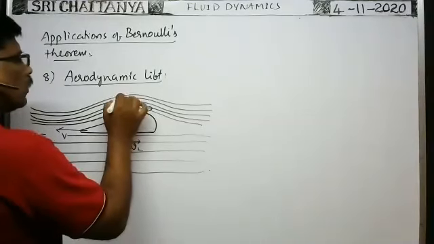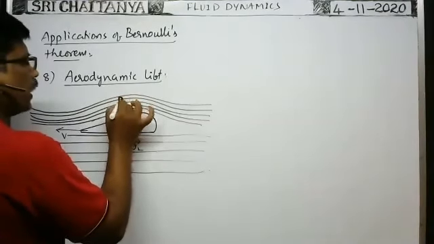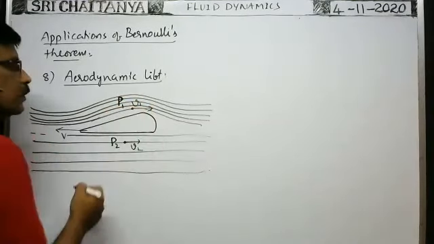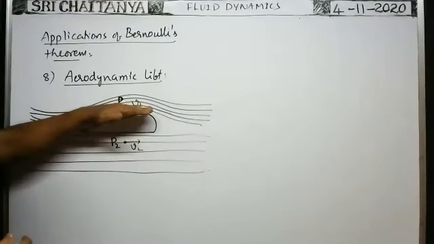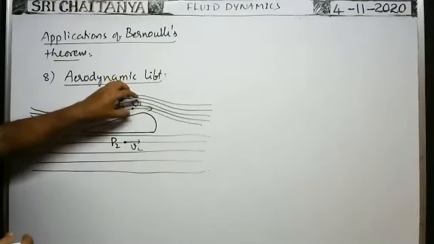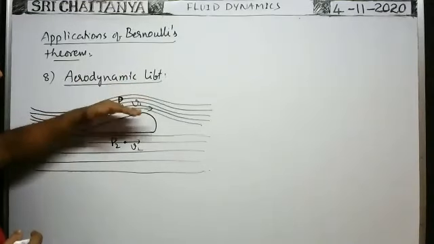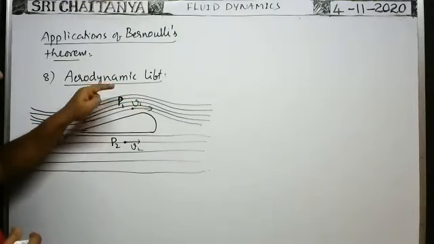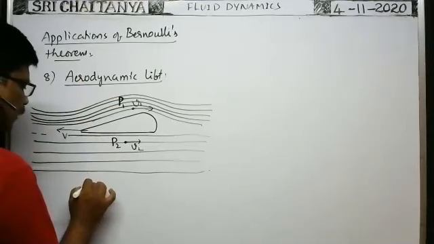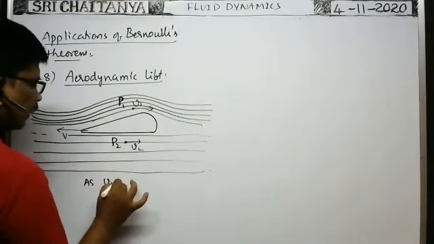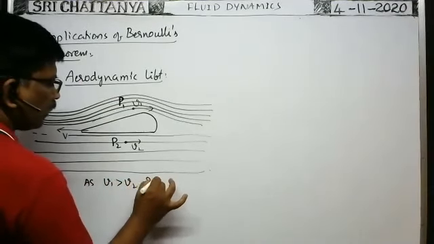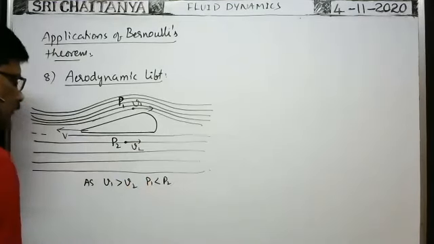Pressure at the top is less, because with more velocity, kinetic energy is more. Here, as v1 is greater than v2, P1 is less than P2, according to Bernoulli's theorem.